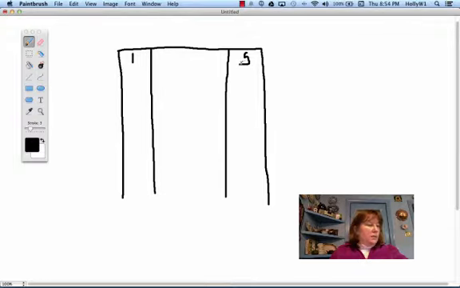Each week, the store sells 5 more boxes. The pattern continues. What algebraic expression can be used to find the total number of boxes sold at the end of the 100th week? What is the total? Okay, so if they sell 5 more each week, this ends up being 1 times 5.